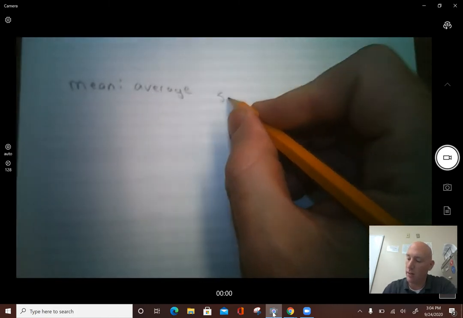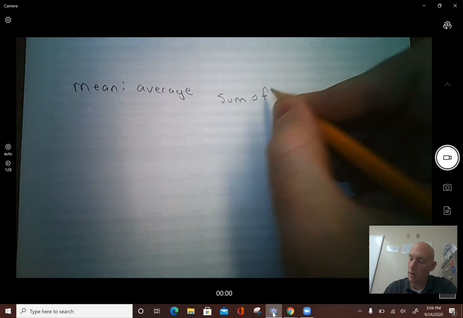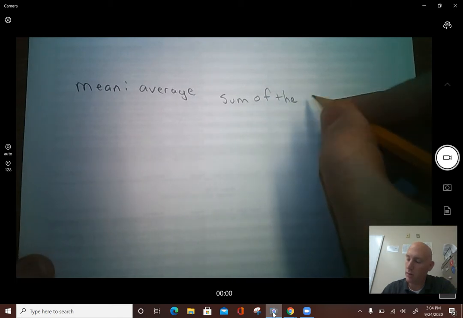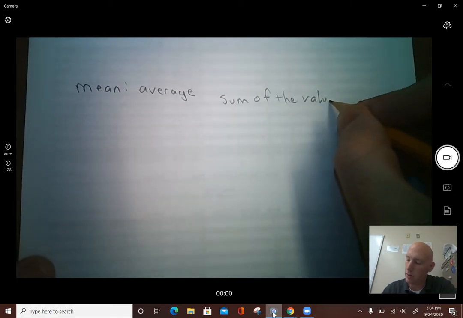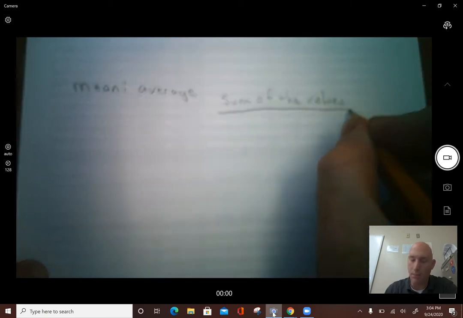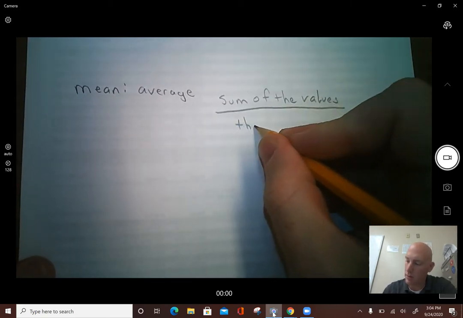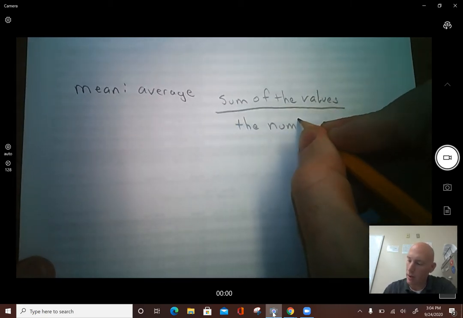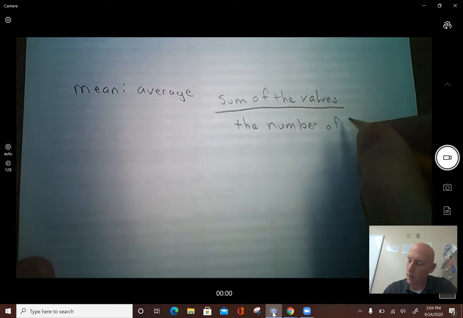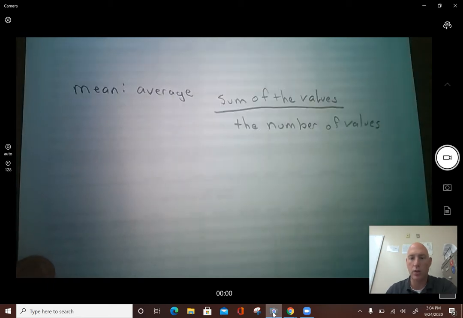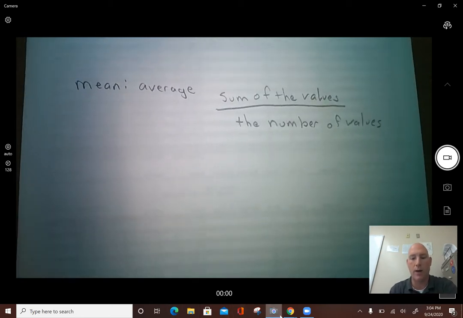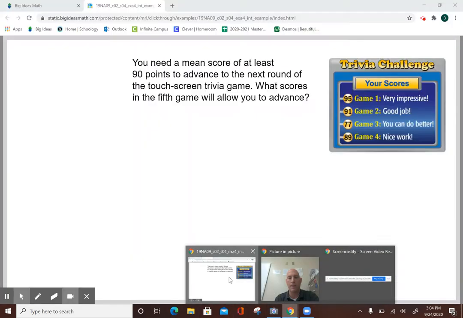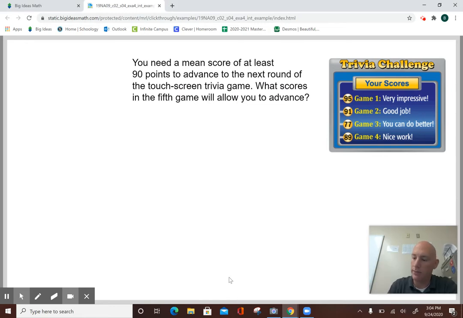It's the sum of the values divided by the number of values. Okay, so we're going to look back at our problem here. So we have game one, and I'm going to write these down here.